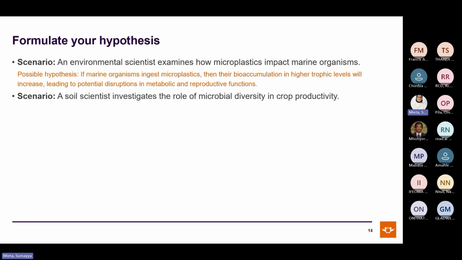So looking at the answer that I've put up there, you'll see that I don't say that this is the hypothesis, because for each individual, depending on what they are interested in looking at, it's a possible hypothesis. This hypothesis is that if the marine organisms ingest microplastics, then bioaccumulation in higher trophic levels will increase, and it can lead to possible disruptions in metabolic and reproductive functions.